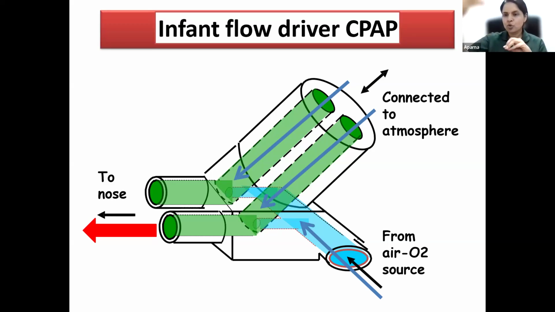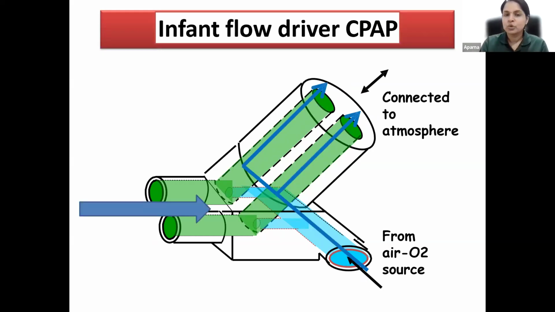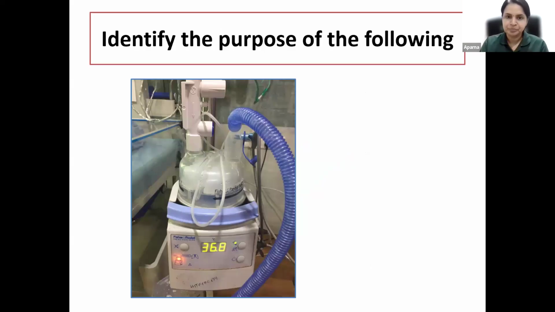And hence, the tube that is open to the atmosphere, in fact, entrains additional gas flow from the atmosphere. So we have the constant gas flow that is coming in from the gas source. In addition, we have additional gas flowing in from the atmosphere, effectively resulting in higher flow during inspiration. Whereas in exhalation, because of the fluidic flip, you have less than the bias flow that is coming from the gas source effectively going to this patient. So this is believed to reduce the baby's work of breathing.